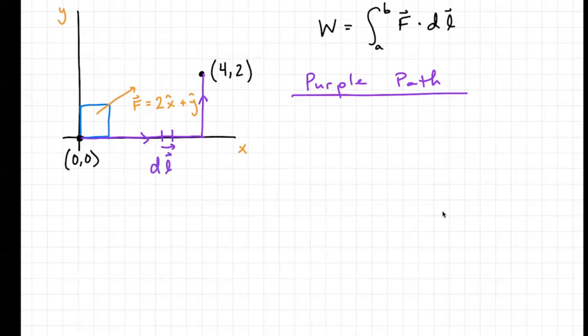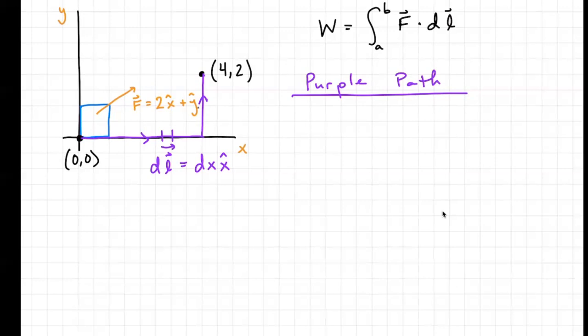So the whole time from (0, 0) to (4, 0), the dl, our little tiny displacement vector, always points horizontally, but we're just taking little tiny horizontal chunks of the path. So I can say the little dl vector is a little change in x, dx, that points in the x direction, x hat. So x hat is just the unit vector in the x direction. And that's for the horizontal part.